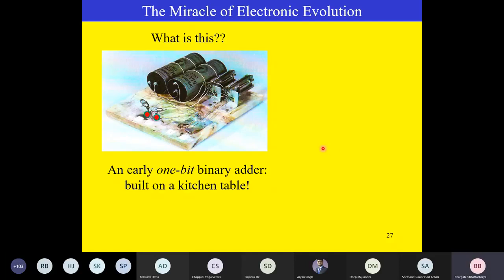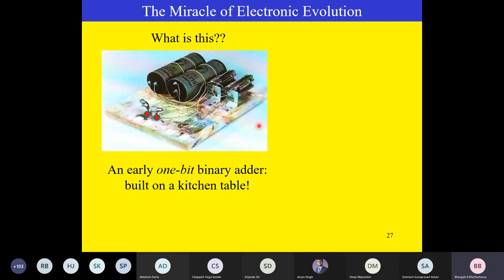That's why you see two bulbs here. If a bulb glows, it means 1. If it doesn't glow, it becomes 0. So you give inputs of 2 bits and observe the result of the addition. In other words, this is nothing but a 1-bit binary adder.